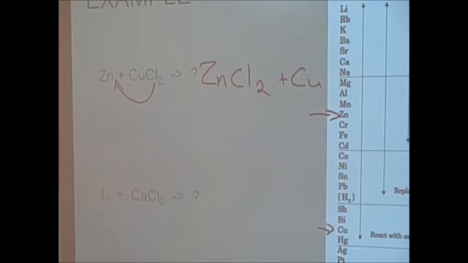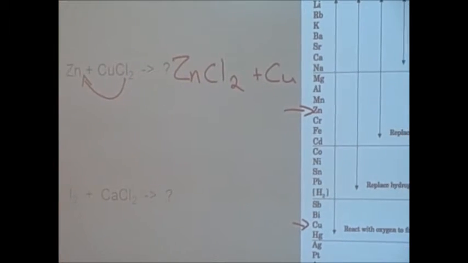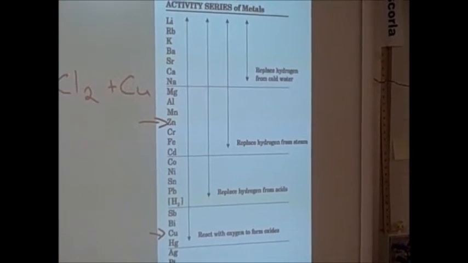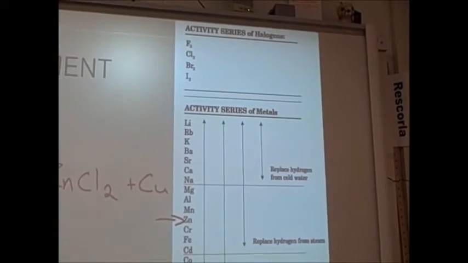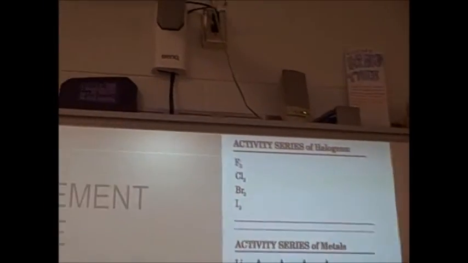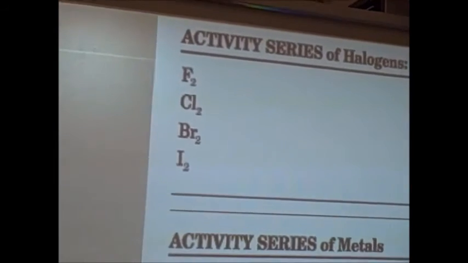We have iodine plus calcium chloride yields what? So we got to find our I2 and Cl2. So for this one, we go to the very top. This activity series is way up here.